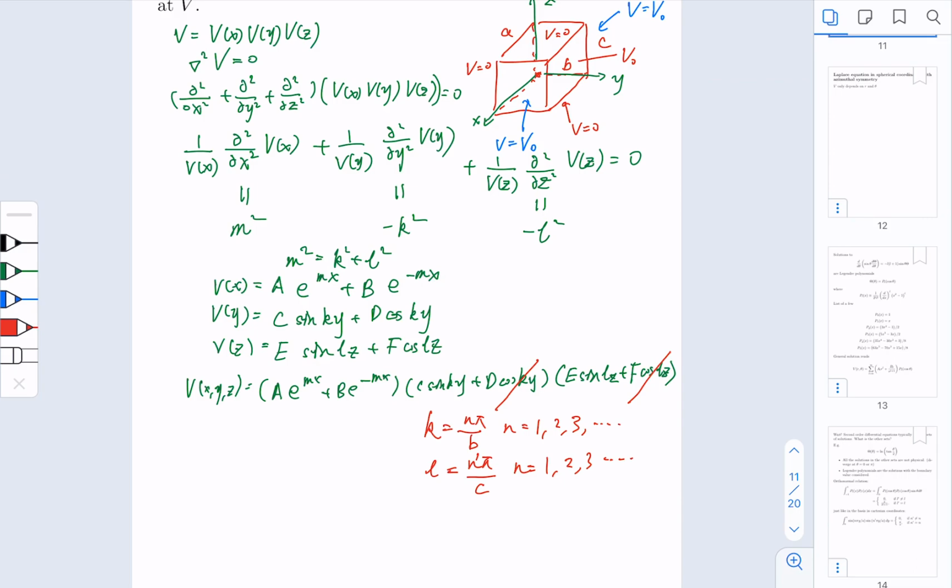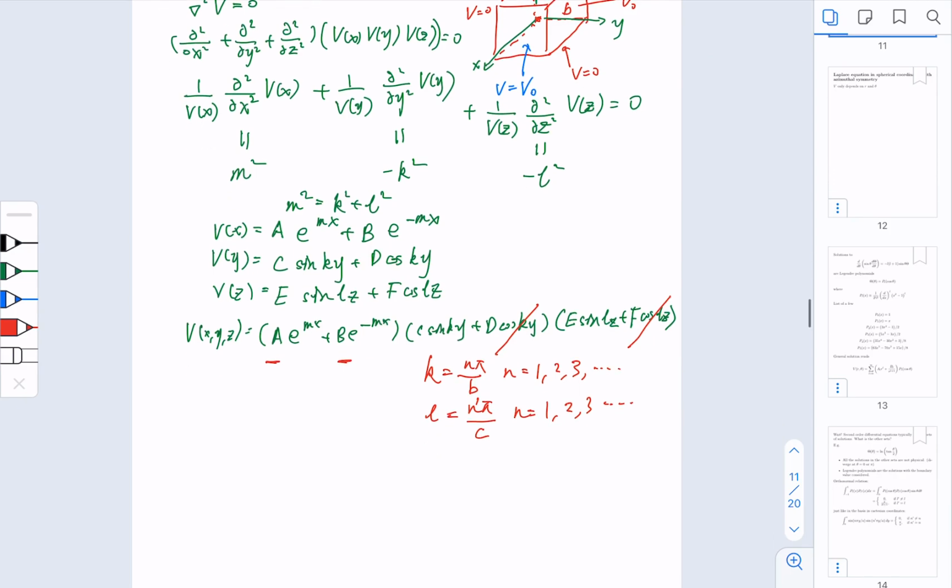Let me see. So here we need to determine the expression for the boundary condition along the x direction, which is A and B that we need to determine. And now if the boundary condition is set at 0, let's plug in here.